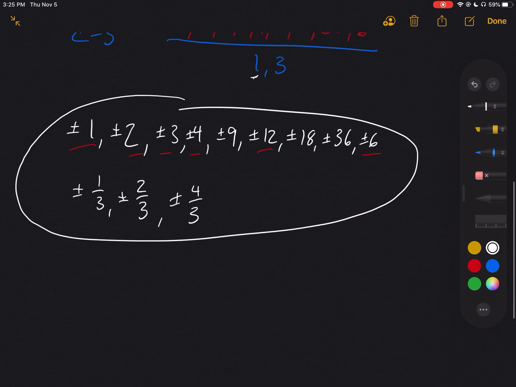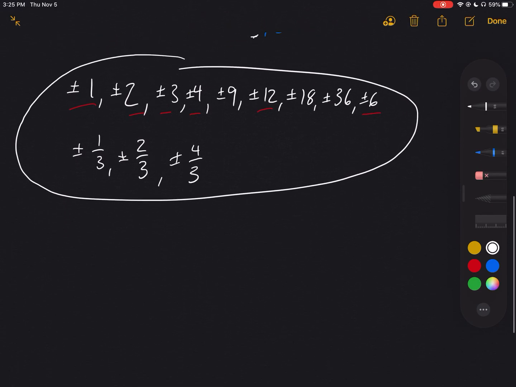For example, if my factor was x is equal to 1, then if I were to write that as a factor of a polynomial, that would be x minus 1, right? And so what we can do then is start checking every number from this list. That's why we want to be able to do synthetic division.